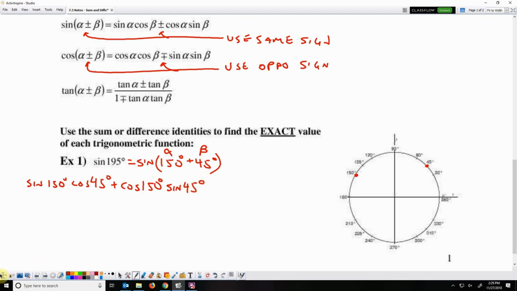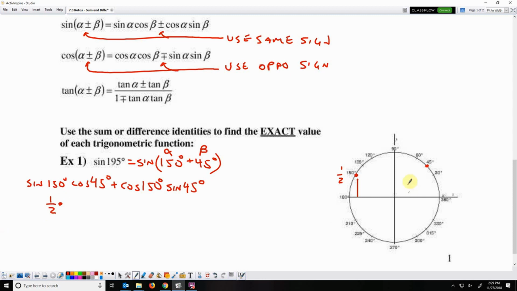So sine 150, sine is a y value, and it's the first position up, and that's 1 over 2. So sine 150 is 1/2.